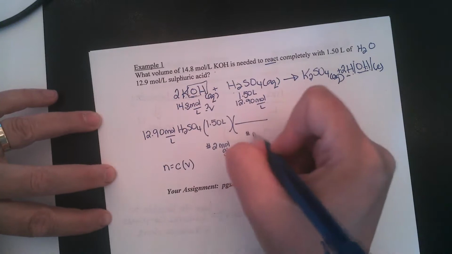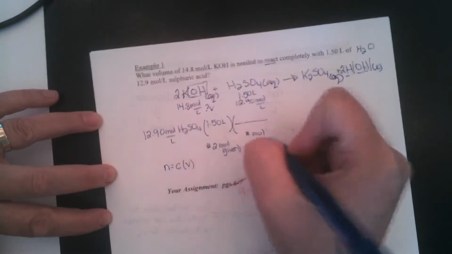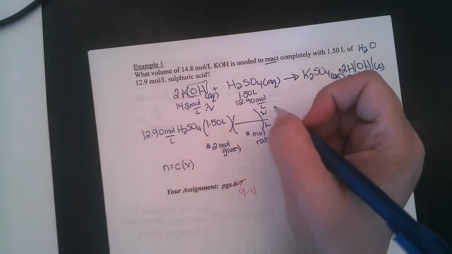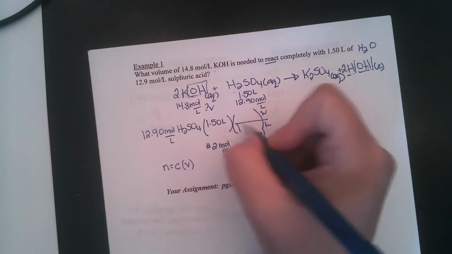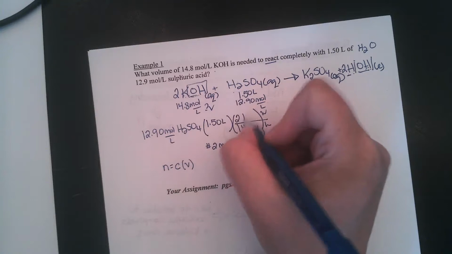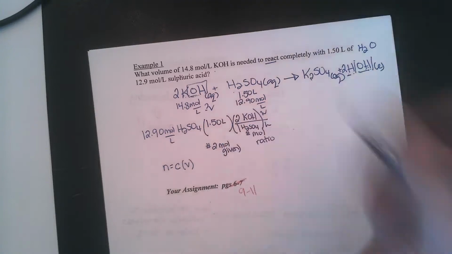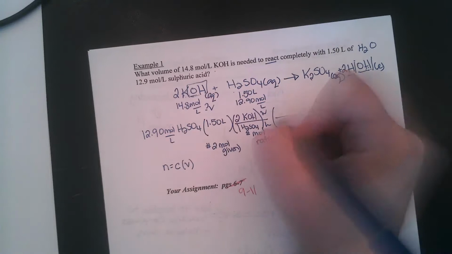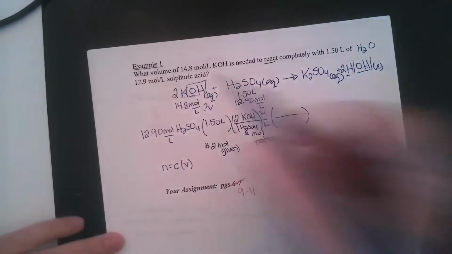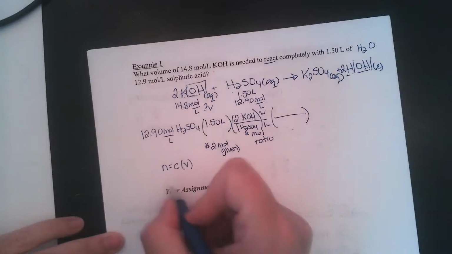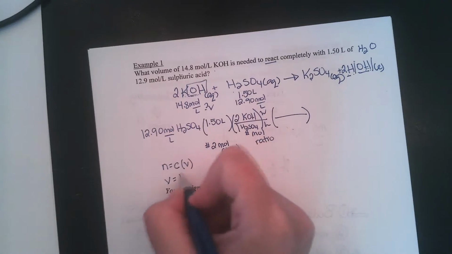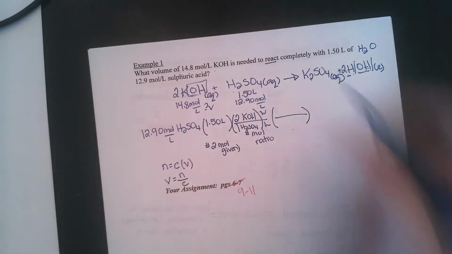Next one is our mole ratio. Our want over our have. And when I look back at the equation, I have 1 mole of H2SO4 for every 2 moles of potassium hydroxide in a reaction. And now I want the volume of potassium hydroxide, and volume can be found by moles over concentration.